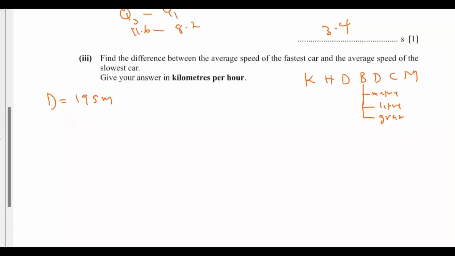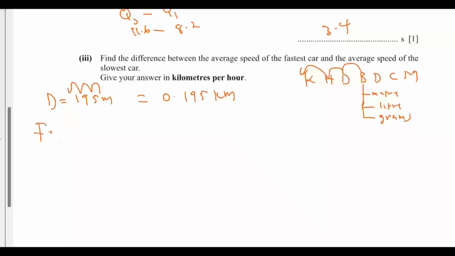So we are using meter here, and this is kilometer. We just have to move from meter to kilometer. So you move backward 1, 2, 3, and the decimal point will be here. So this will be equal to 0.195 kilometers.